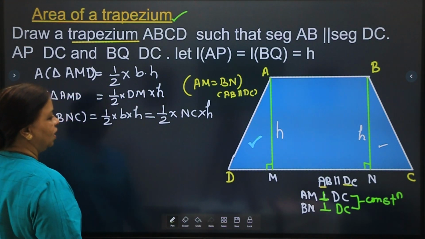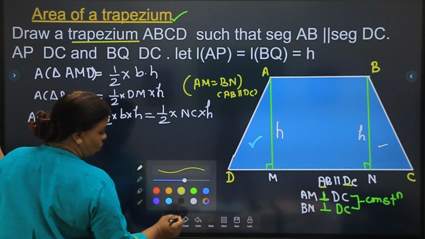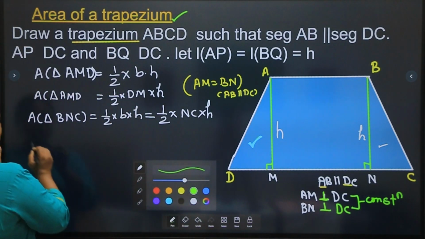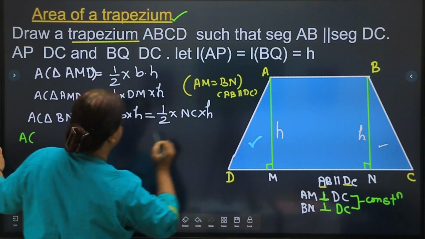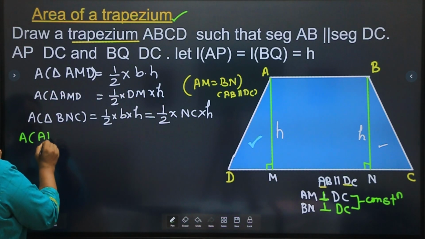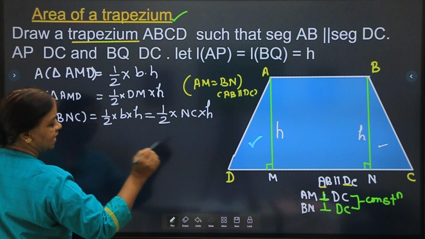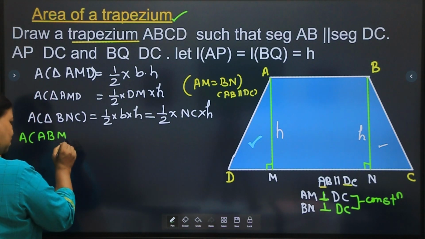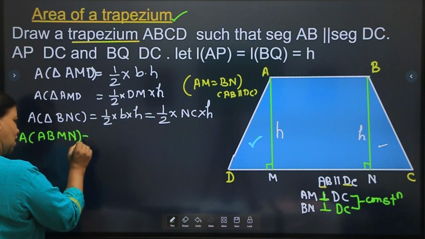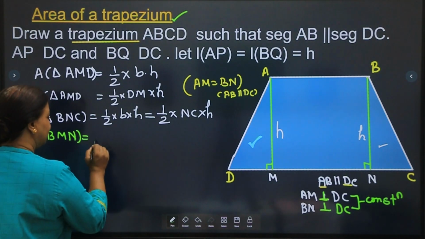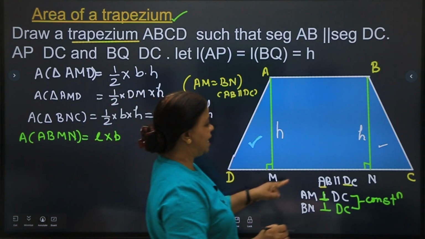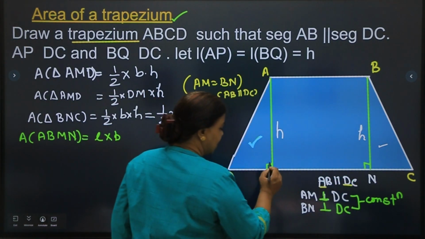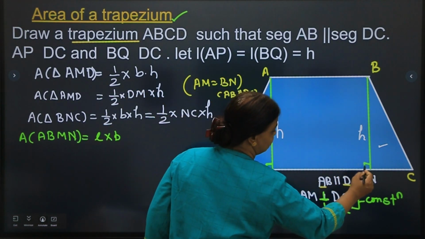Clear? Now, if I want to find out the area of quadrilateral ABNM, it will be how much? It will be length into breadth. Now see, this is perpendicular, this is perpendicular.